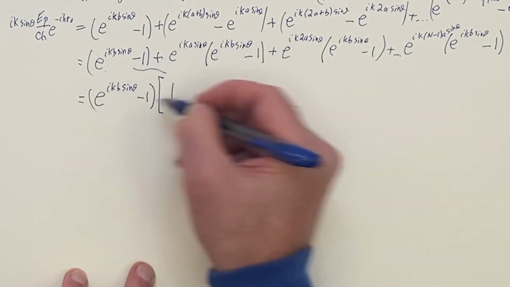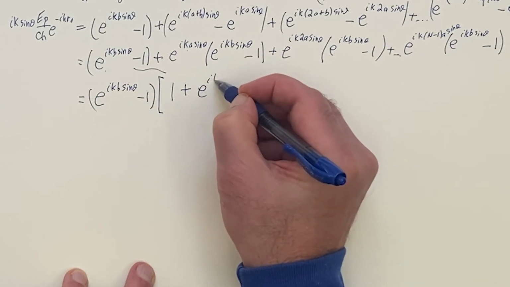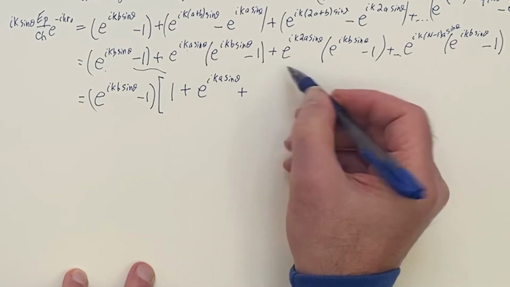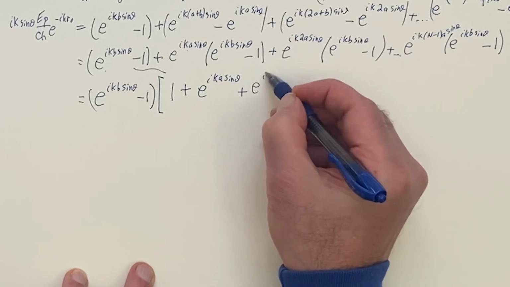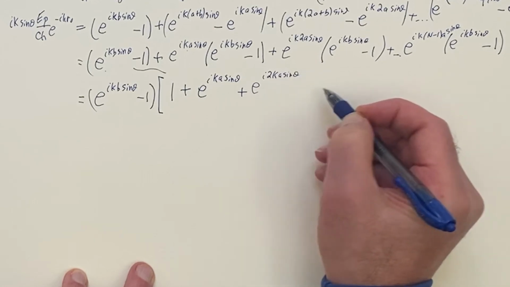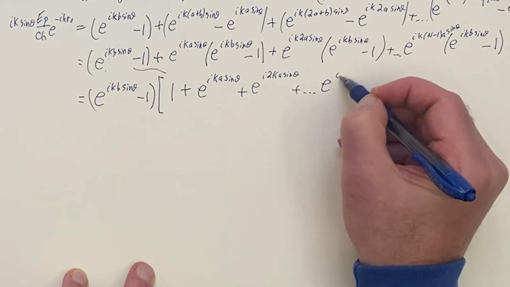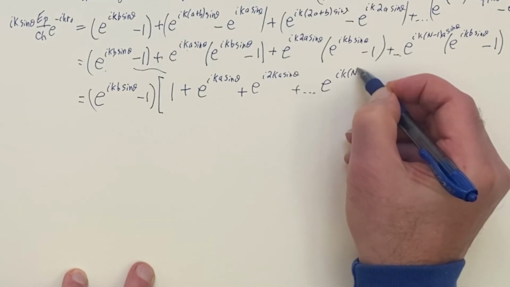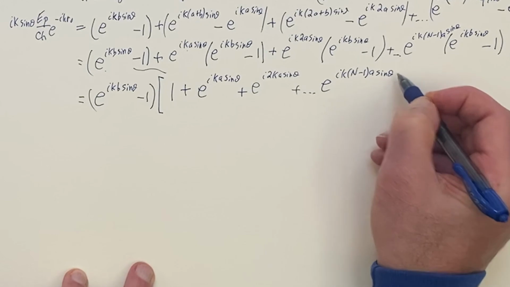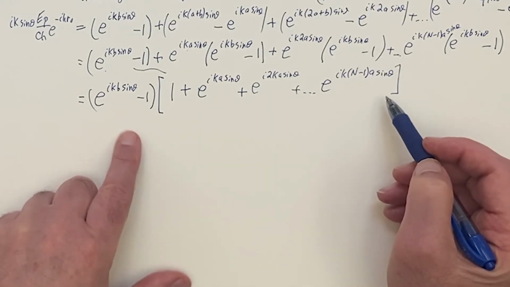And then for the next one, we're going to have e to the ika sine theta. And for the next one, e to the i2ka sine theta. And dot, dot, dot, the last one, e to the ik (n minus 1) a sine theta. And you have this common factor.